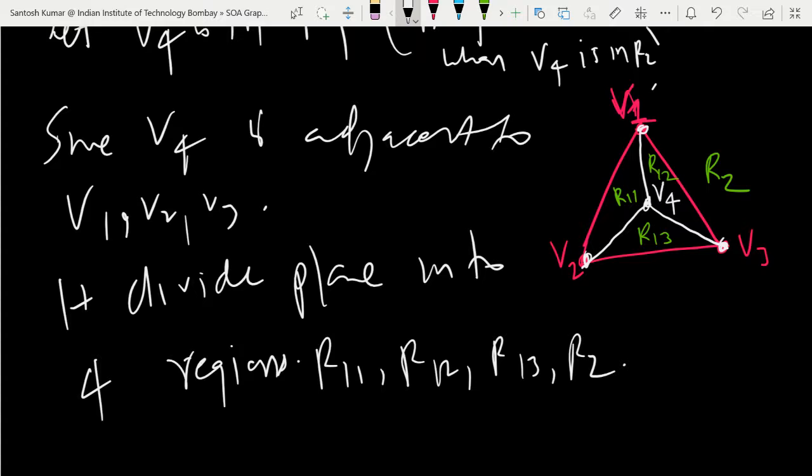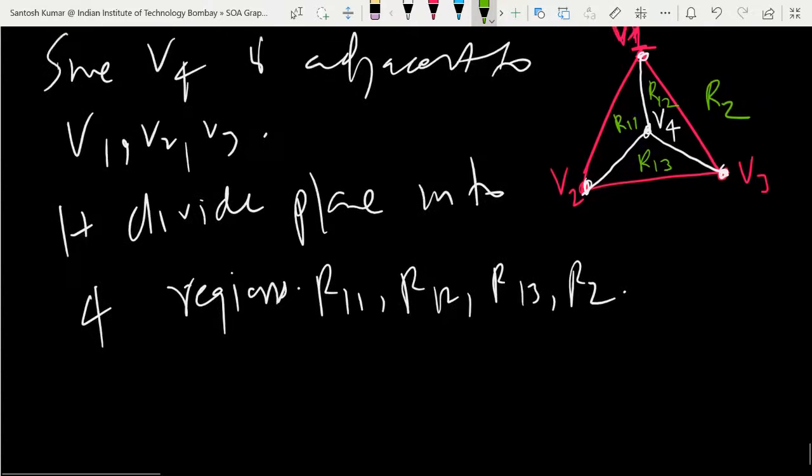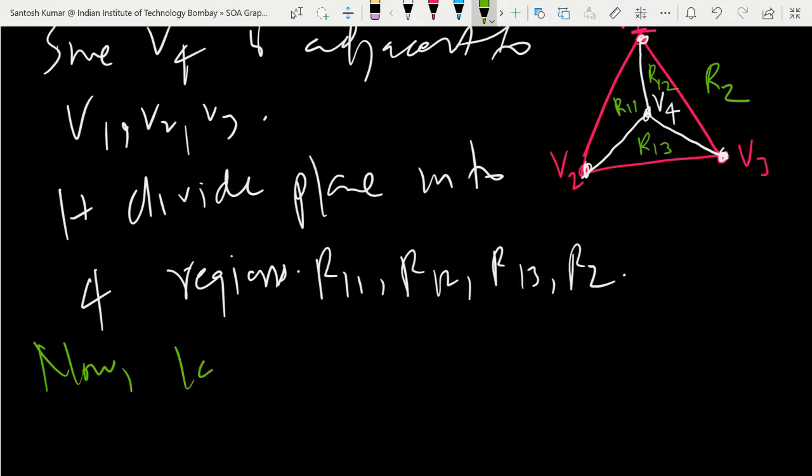Okay, now you have to fix the fifth vertex. So where do you want to take it? You have four regions now. You can take it in any, anywhere. Now the last vertex V5. Okay. So we have to place it anywhere. It's our choice. I can place it in R11, R12, R13, or R2.